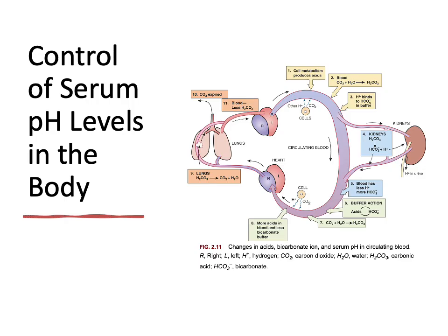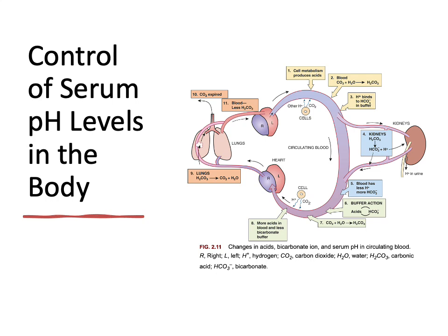In order to talk about the control of serum pH levels, anytime we talk about serum, that's blood, so the blood levels in the body, we're talking about pH here. And when we have acid base imbalances, of course, this means that our pH is thrown off. So there is something happening, whether we're acidotic and we're no longer between that 7.35 to 7.45, or we're alkalotic and we are greater than that 7.45 level.